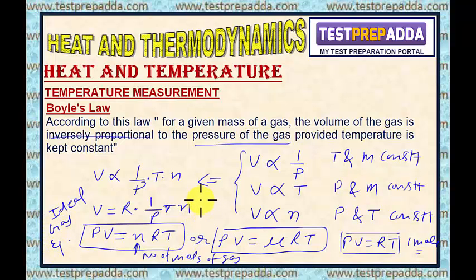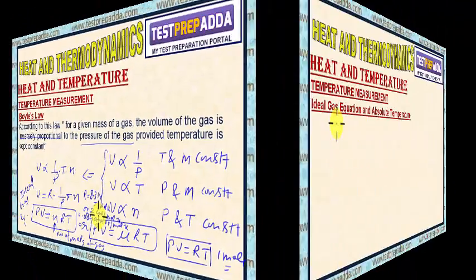Here the value of R is 8.314 joule per mole per Kelvin, or 2 calorie per mole per Kelvin, and one more value of R is 0.0821 atm liter per mole per Kelvin. So these are three values of R according to units of R.